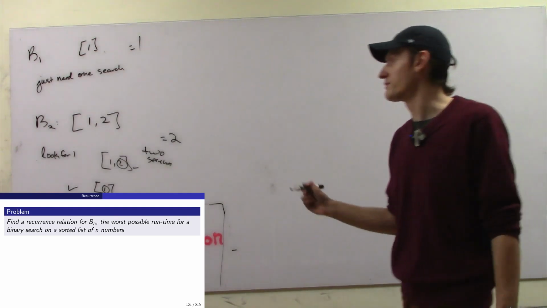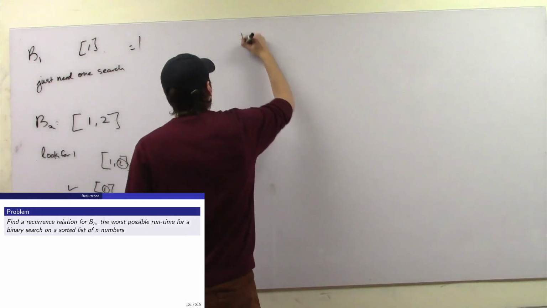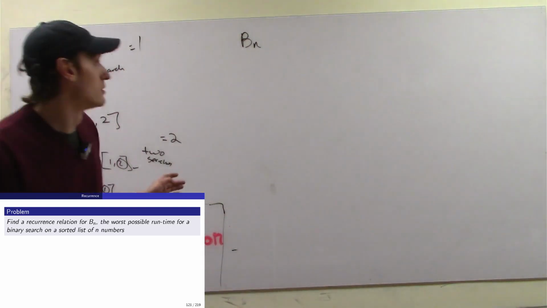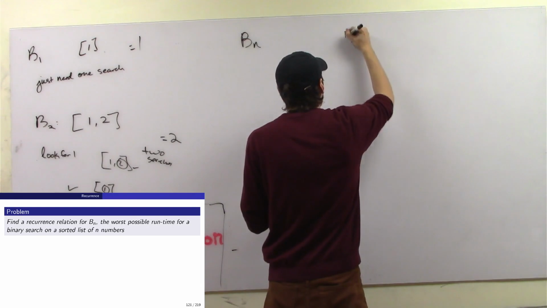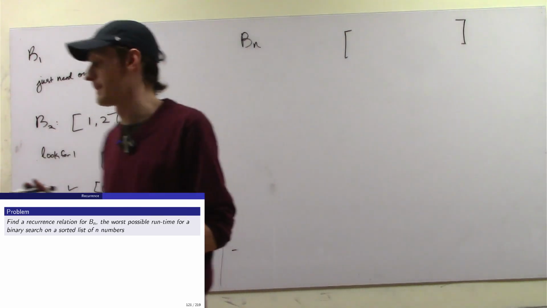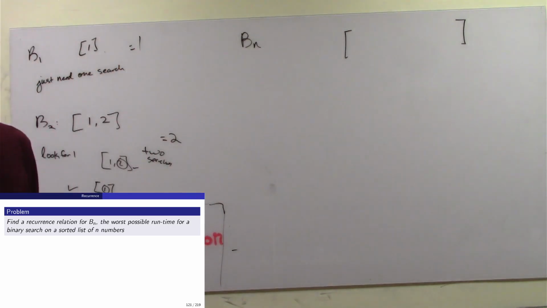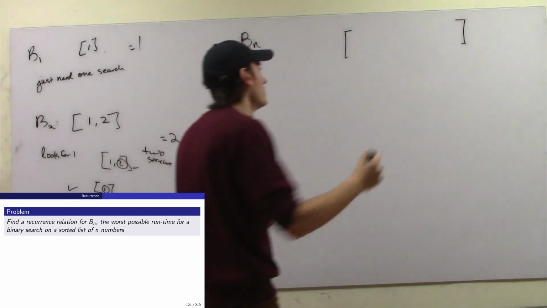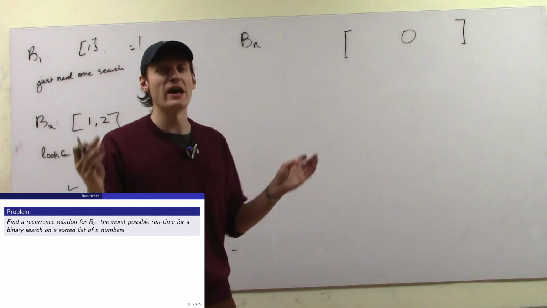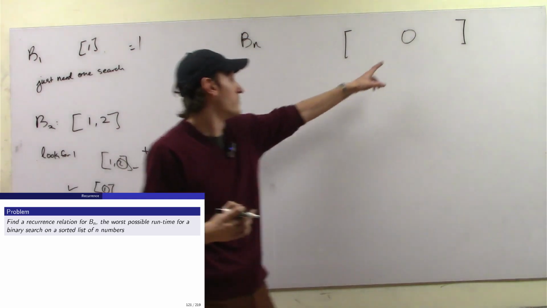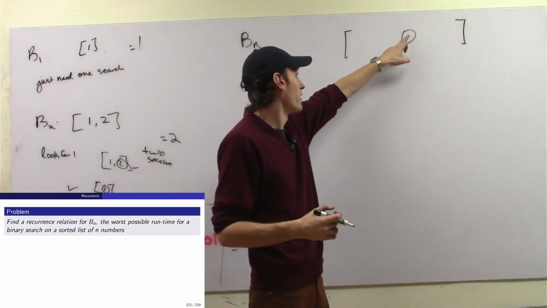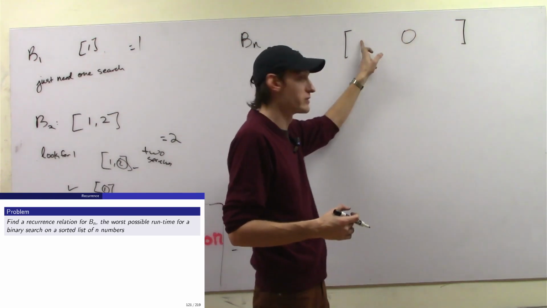Now consider a general B sub n. I have some list of n numbers that are sorted, and I search for them. I look at the middle value and throw away everything else. If I find the number, I'm done. If the thing I'm looking for is bigger than this, throw away this and everything below.